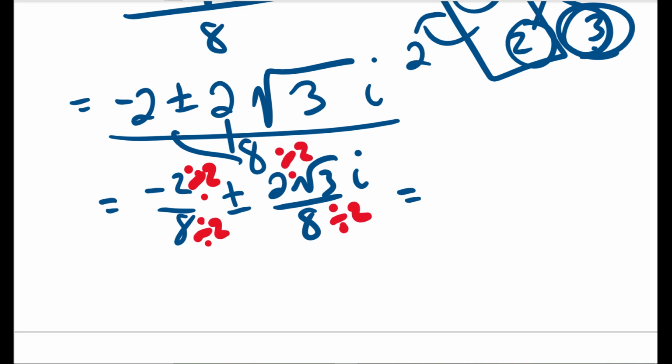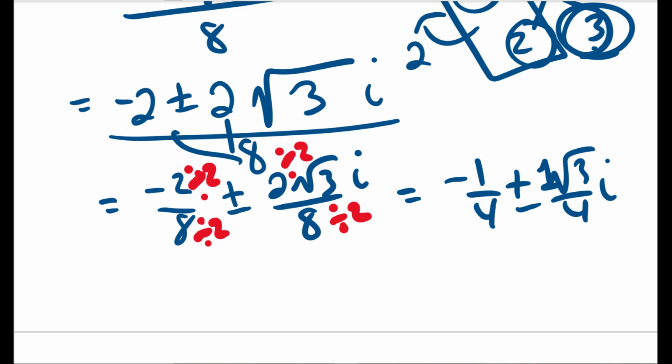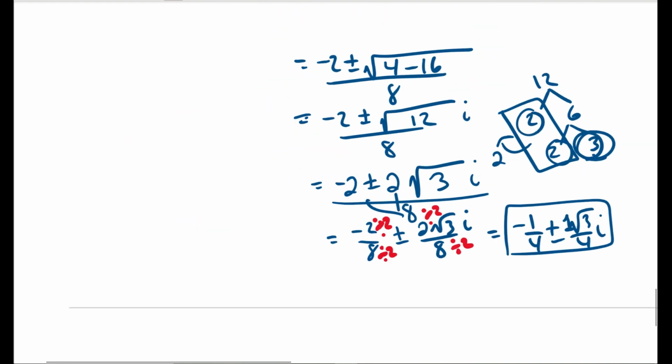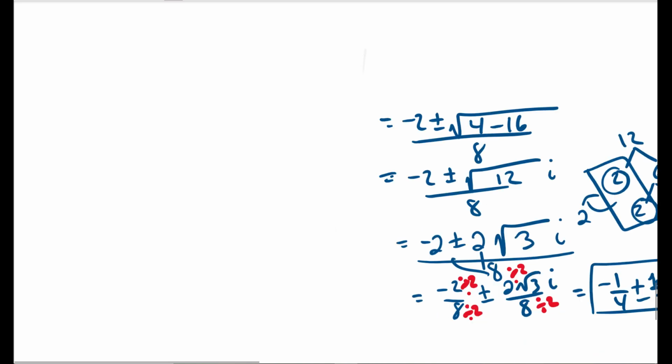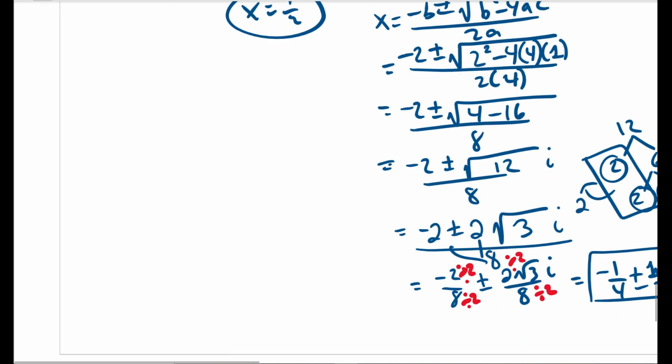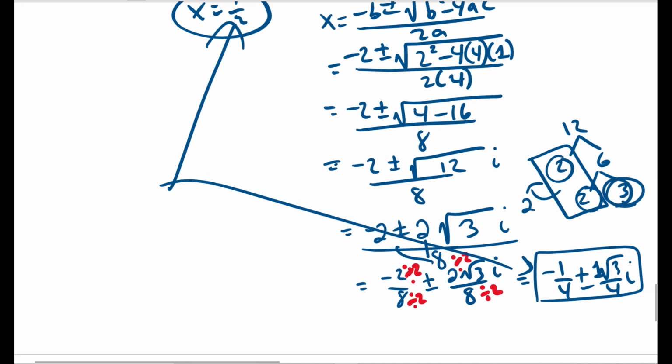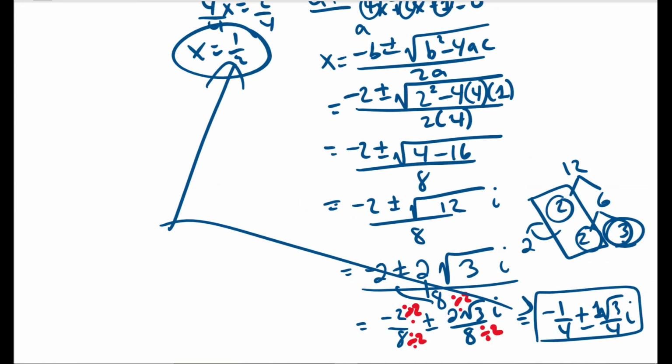And that will reduce our fractions to negative 1/4 plus or minus 1 square root of 3 over 4 i. There's an invisible 1 there. All right, so that's our final answer. So we got the box part there and the box part here. So those are 3 solutions: 2 imaginary, 1 real.